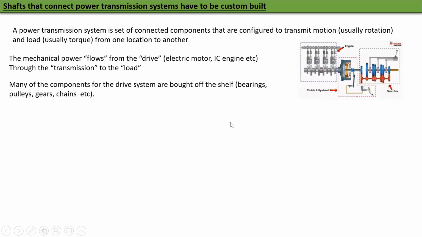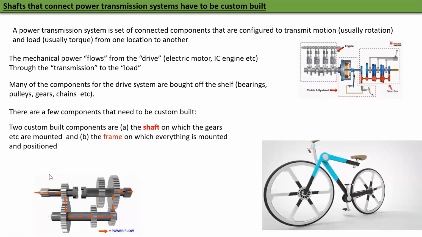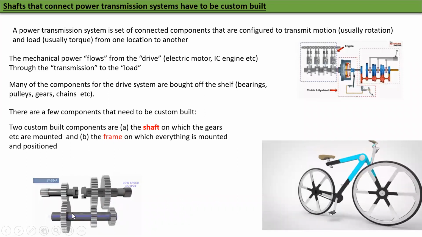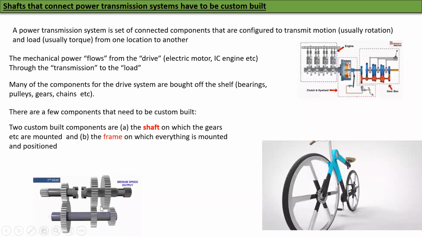Many of the components in the drive system are bought off the shelf: bearings, pulleys, gears, chains, etc. There are a few components that need to be custom built. Two custom built components are the shaft in which gears are mounted. You can see how that works here.